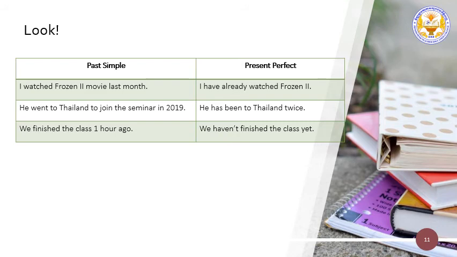But if right now we are still in the class, then you would say, I haven't finished the class yet. Normally we study from 7 to 10, and now it's just 9 o'clock. So you haven't finished the class yet. You need to sit in the class for 1 more hour. When you want to express the activity or action that happened up to now, then you use present perfect tense.